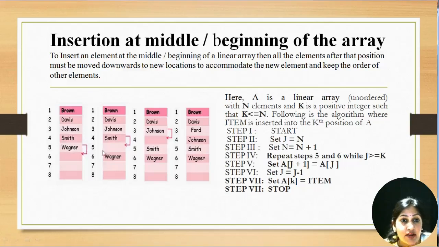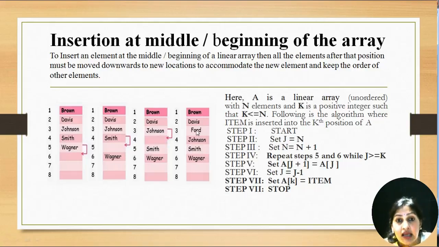For example, we have to shift the value at location 5 to 6, then location 5 becomes vacant, then we move the value at location 4 to location 5, then location 4 becomes vacant, then we move the value at location 3 to location 4, and only then location 3 becomes vacant and we can insert our new value at location 3.